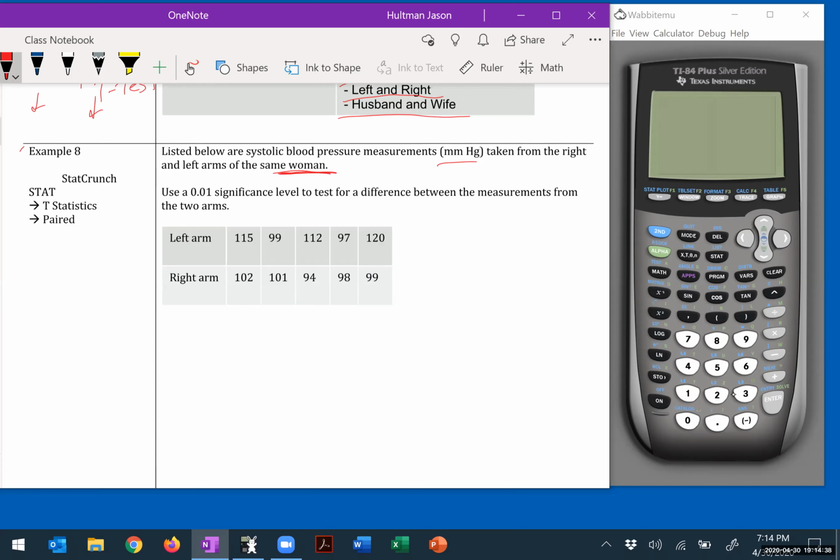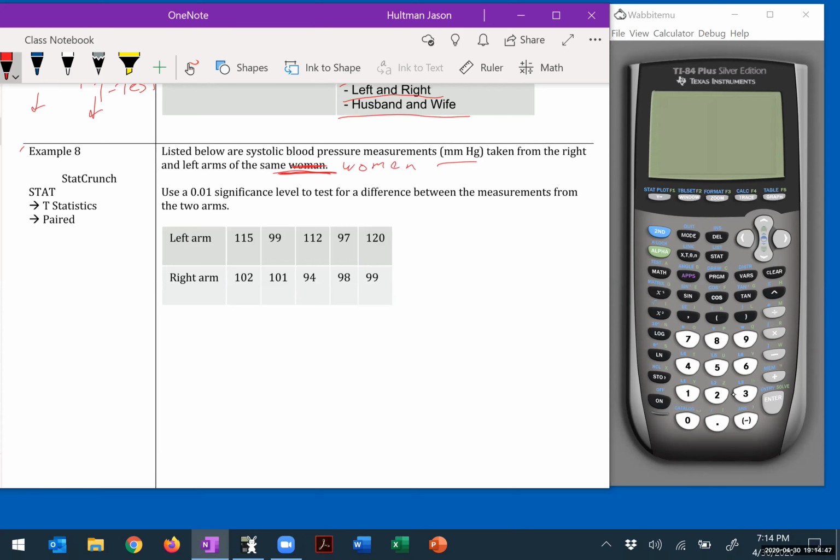I think this should say same women, because this should be woman 1, woman 2, woman 3. Unless they were just at different times in the day that they took these of the same woman. I'm just going to have them be different women.